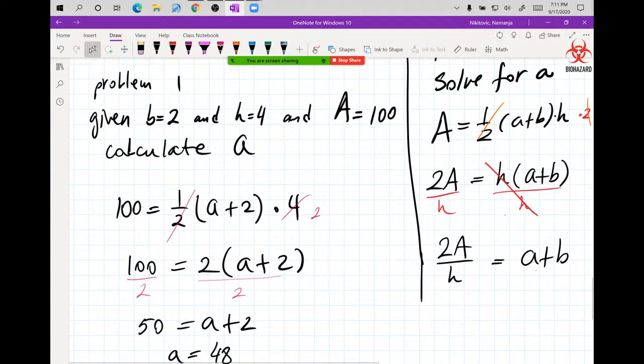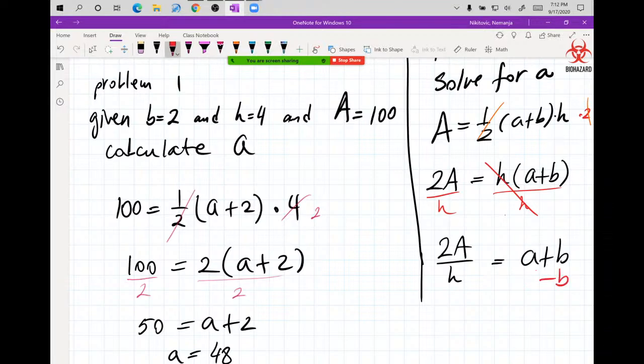And there's only one step left to get lowercase a alone. What's that step? Is this multiplication? It's addition, so what should I do? To get a alone, that's the goal.